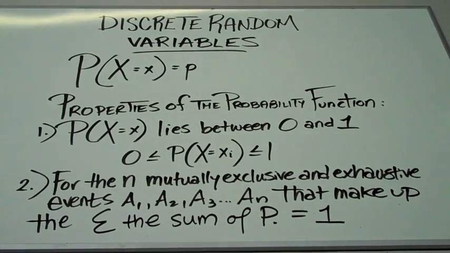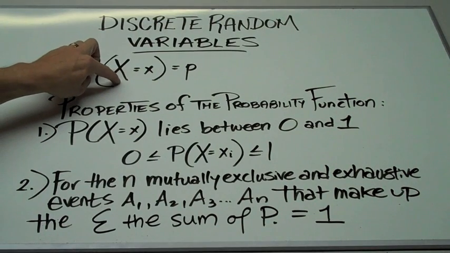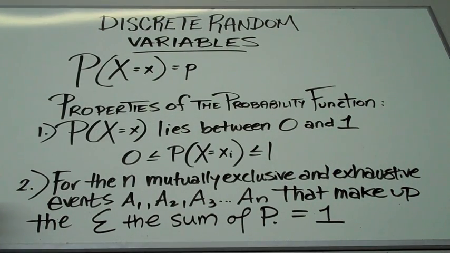Now that we know what a discrete random variable is, let's talk about the symbology that we use and the two principles that are going to govern our work with discrete random variables. We saw earlier that the discrete random variable is this huge capital X. And this capital X can take on different values. For example, the values that were associated with two flips of a coin were 0, 1, and 2.